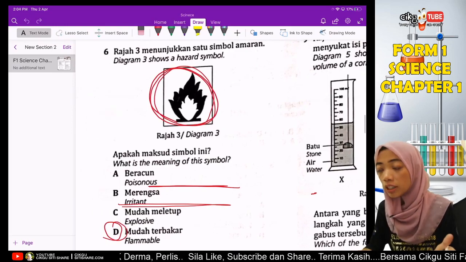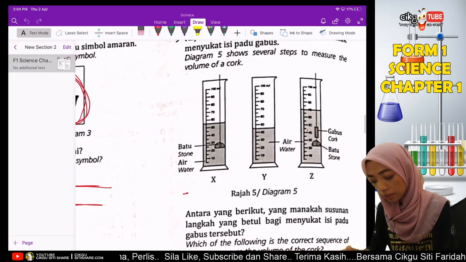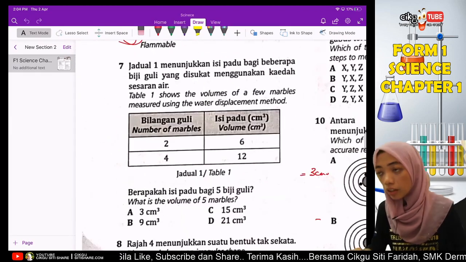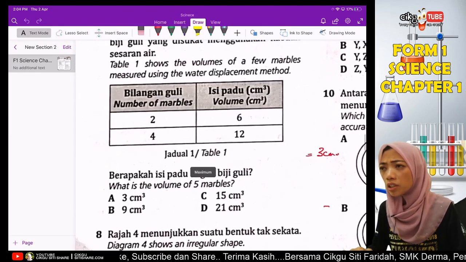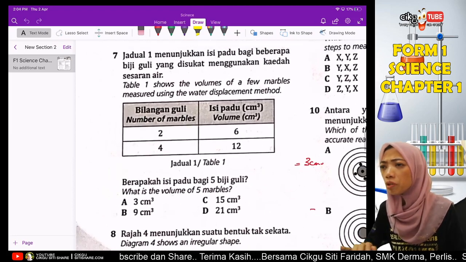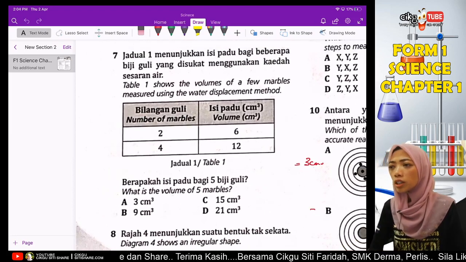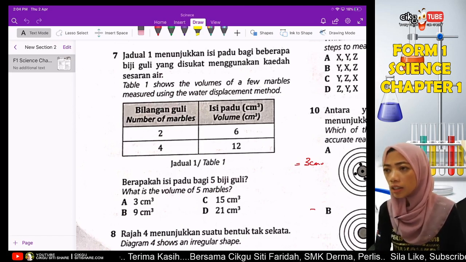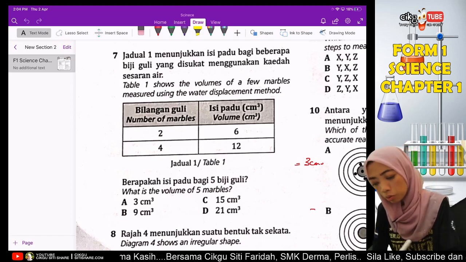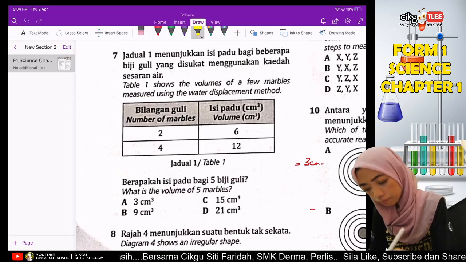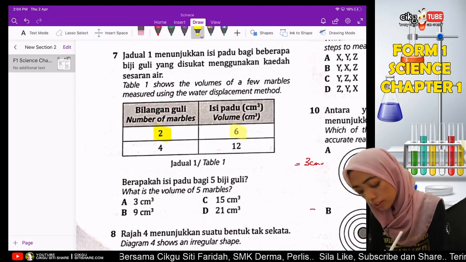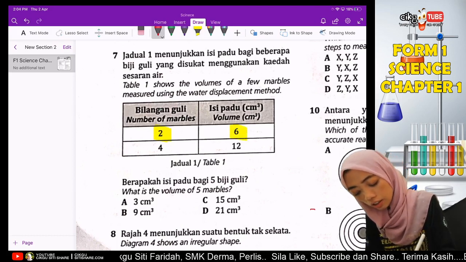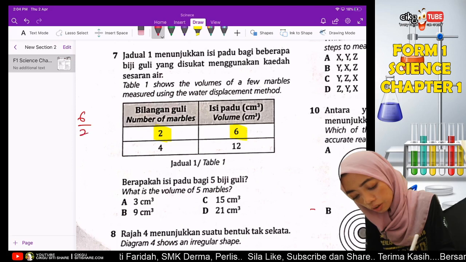So let's go back to our question, number 7. Okay, number 7, table 1 shows the volume of a few marbles measured using the water displacement method. It gives us the data of number of marbles. If two marbles have volume 6, which means 1 marble is 6 divided by 2, which is 3.